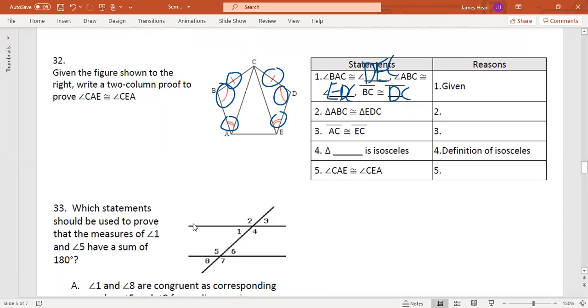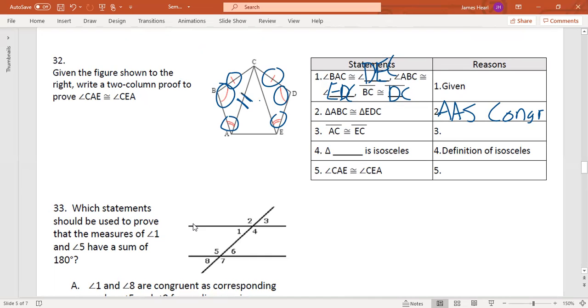At which point, these two triangles on the outside are congruent because you have two angles and a side not between them, angle, angle, side congruency. But because of that, we get to add things to the triangle in the middle now.